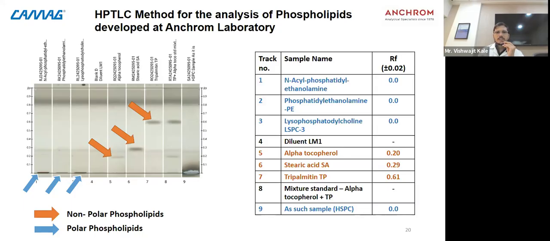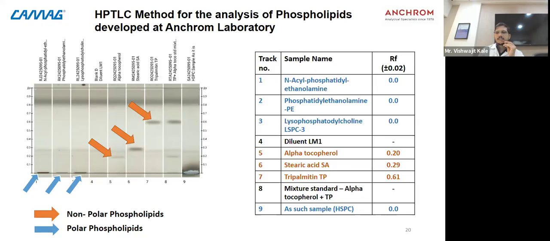So the main substance of phospholipid is in track number 9, remaining at application position, and there are no non-polar impurities in that ninth sample track. So no impurity like alpha tocopherol, stearic acid, or tripalmitin detected in HSPC in such sample as per this image. So these kinds of visual observations are very easy and faster in case of HPTLC.